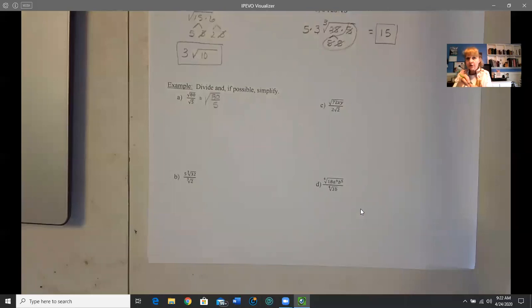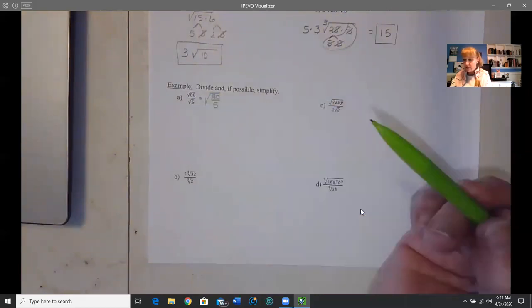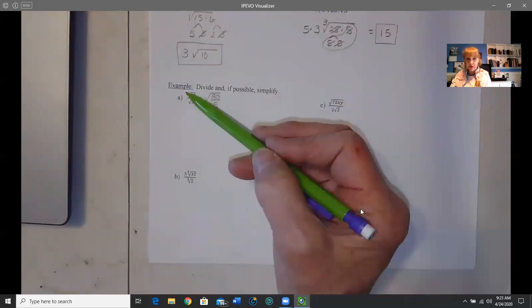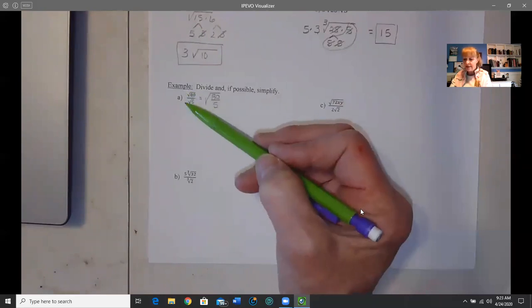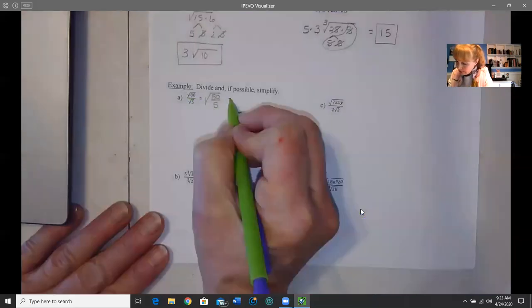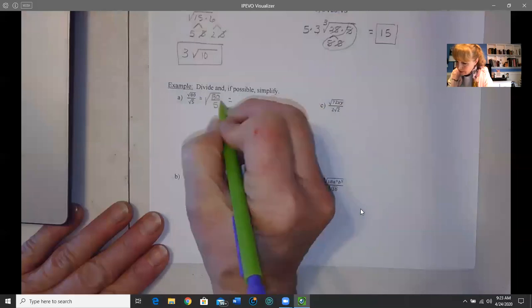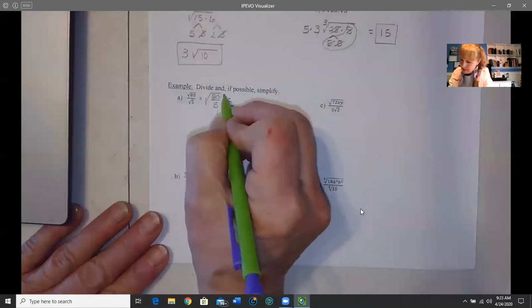So always reduce your fractions. I can reduce these because they're both inside of a radical, so they would reduce. If I have numbers on the outside, they can reduce with each other. So what's outside can reduce, and what's inside can reduce. So this gives me the square root. Let's see, 5 goes into here once. 5 goes into here 16 times.